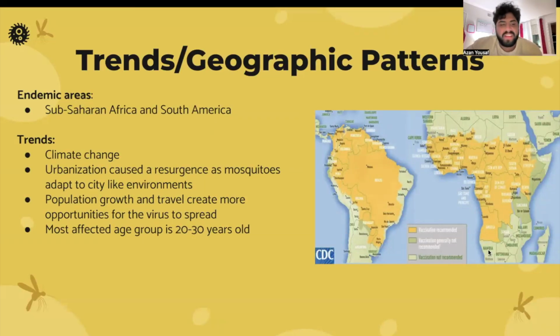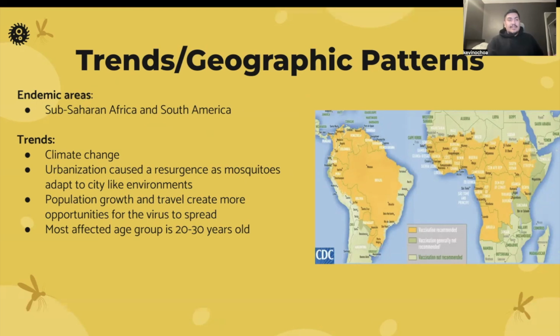In regards to trends and geographic patterns, yellow fever continues to be a significant public health challenge, particularly in parts of the world. We'll look into a little bit of the most prevalent areas that are at risk. Like I said earlier, the disease is particularly common in sub-Saharan Africa and parts of South America.